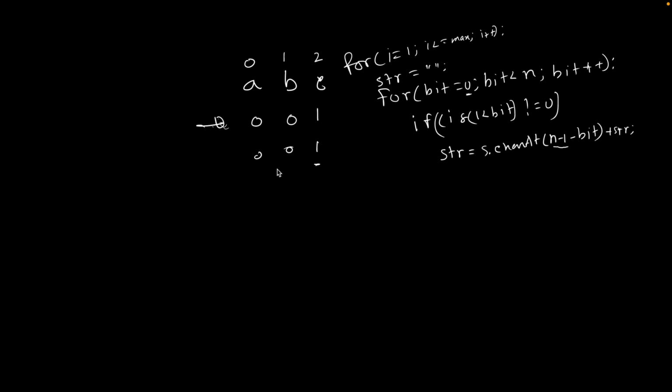So we'll get C. In the next iteration we will have 1 left shift bit, something like this, which is kind of a mask. If we apply it, we get 0 0 0, so we do nothing. Then again we shift 1 to the left, and the bitwise AND between these two numbers is 0, so we do nothing. The next number is 2, then 1 0, and we'll go through using this loop.